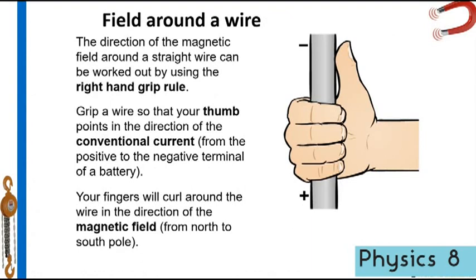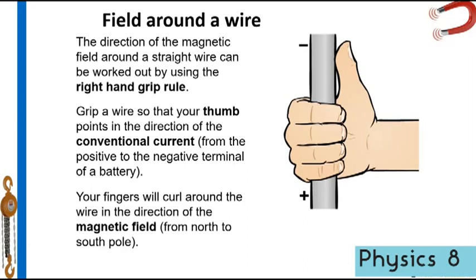You grip a wire so that your thumb points in the direction of the conventional current, and that's from the positive to the negative terminal of the battery. And then once you've done that, you curl your fingers around the wire, and your fingers will be in the direction of the magnetic field.